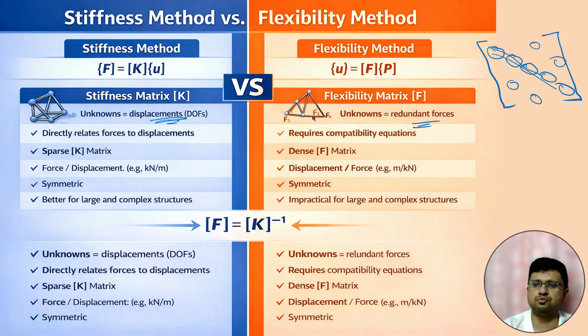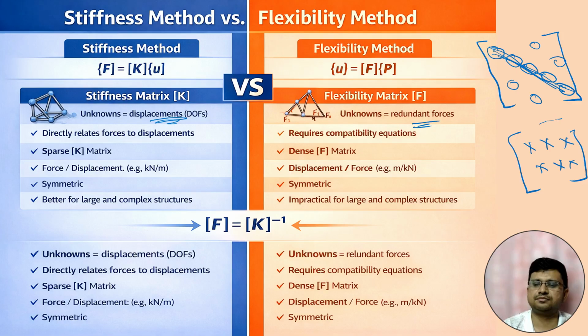Most of the non-zero terms will be concentrated along the principal diagonal. But for the flexibility matrix, most of the terms will be non-zero. So the stiffness matrix is known as banded and sparse.